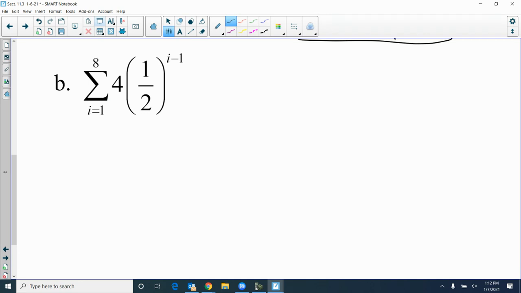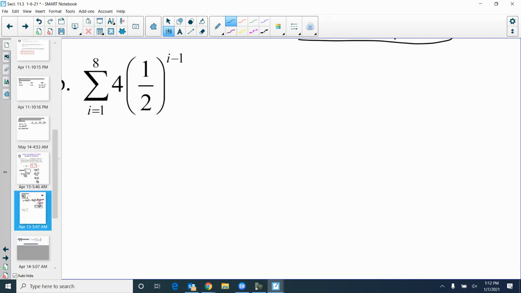Okay, if it's in this format, and it has to be specifically this format, you've got a constant in front, a value to the i minus 1, and it goes from 1 to a number. It is guaranteed to be geometric.